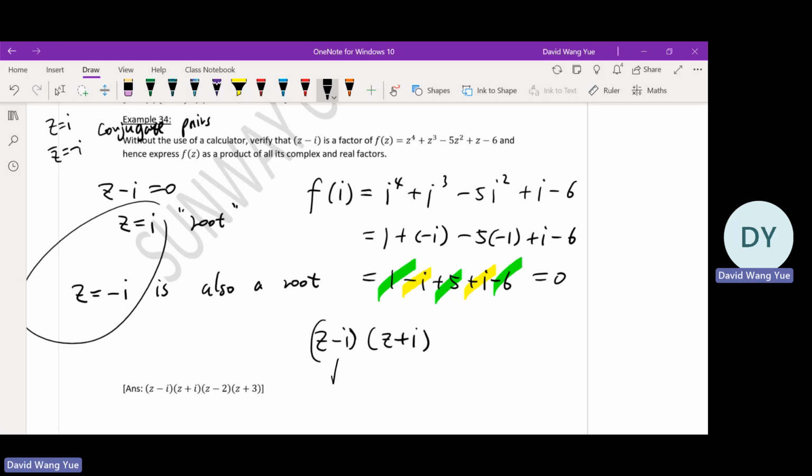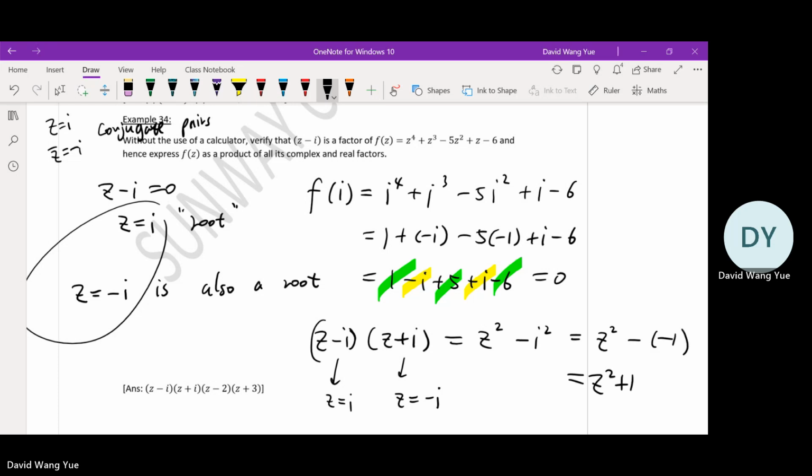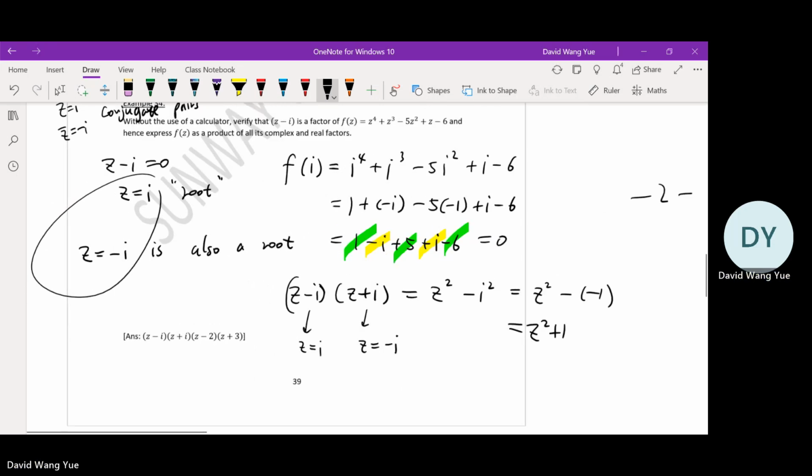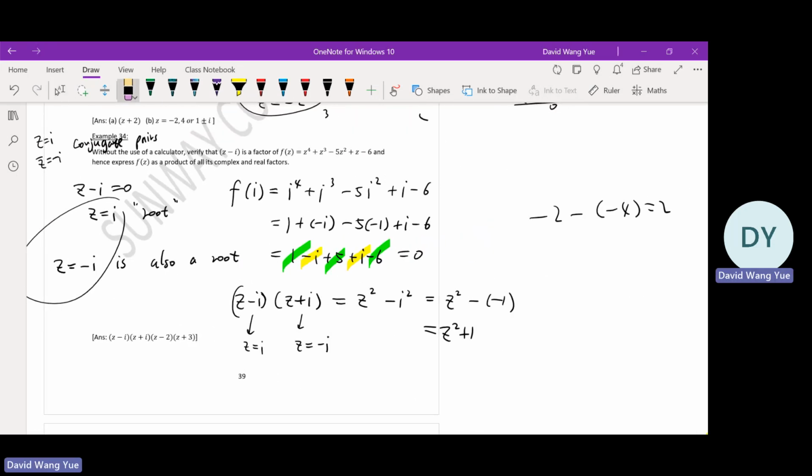So if you multiply them, we get z squared plus 1. The quadratic factor is z squared plus 1.